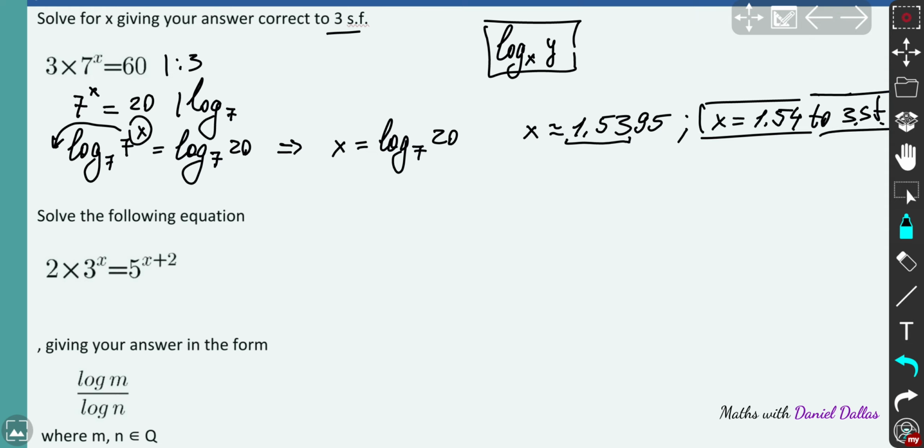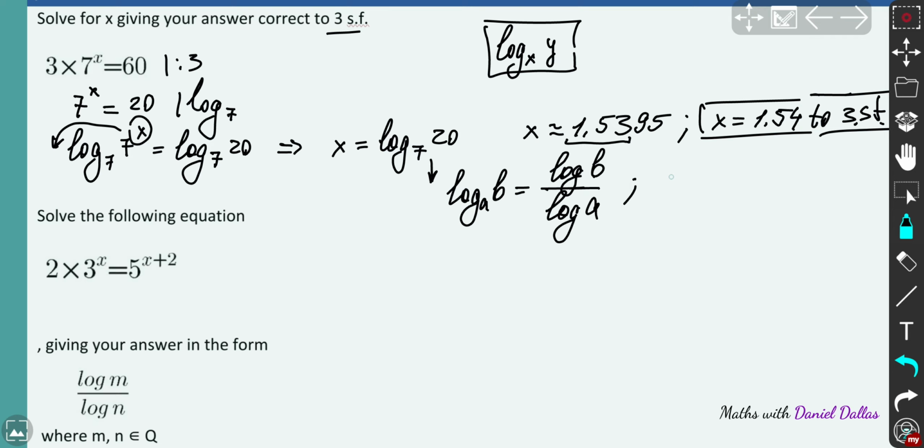However, if you don't have this button, you remember that you can use the property of log. Just remember, log base A of B can be converted as the ratio of log with base 10 of B over log with base 10 of A. Hopefully each calculator has this button.